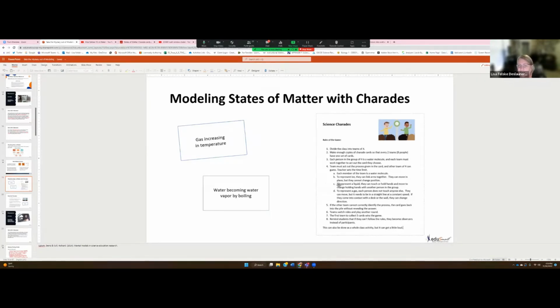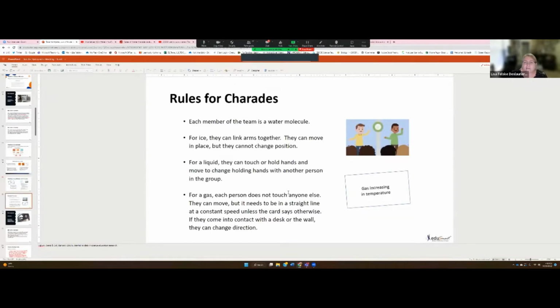what that's going to be. And so this is a lot harder than it looks, and you really have to understand what's happening at the particulate nature of matter here to convey this. And so this is a way that you can do that. And I have rules for charades that I'll send you separately too, in addition to the slide deck that I use for this.